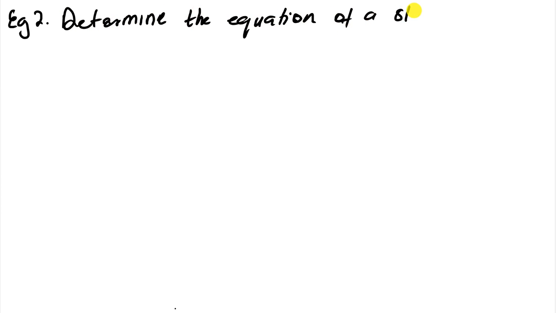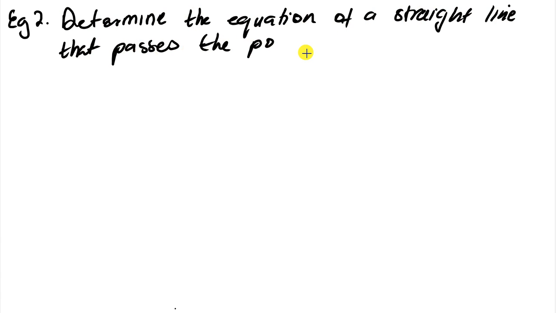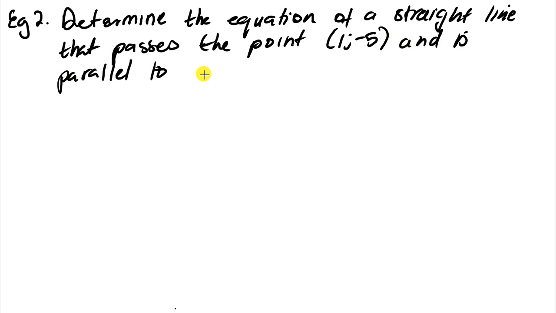It says: determine the equation of a straight line that passes through the point (1; -5) and is parallel to y plus 2x minus 1 equals 0.